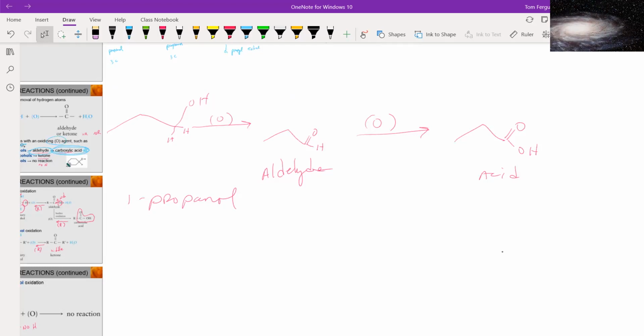Okay, so first test is primary, secondary, tertiary. That'll tell you how many times it can be oxidized. Second thing is we're going to duplicate the carbon backbone: 3 carbons, 3 carbons, 3 carbons.